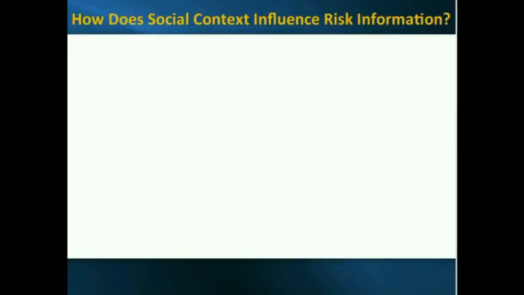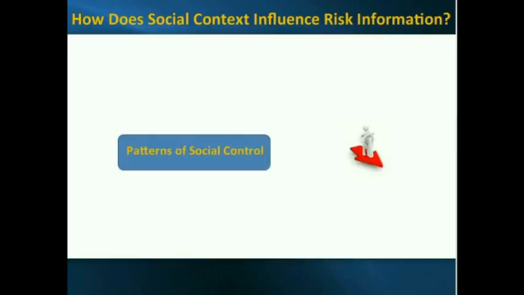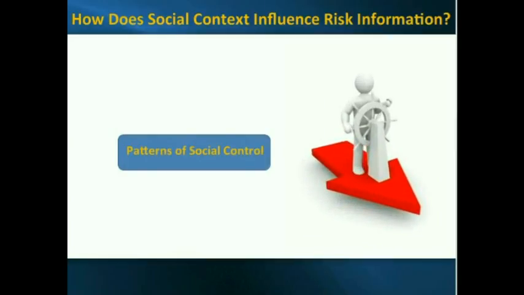There are also issues like patterns of social control. This may sound like an abstruse concept, but what it essentially means is that much of what is accepted as a threat and acted on depends upon what is acceptable within the group or the context in which it is received.